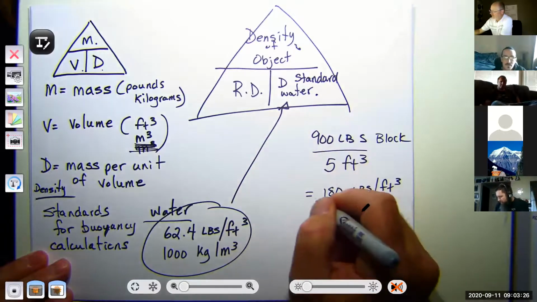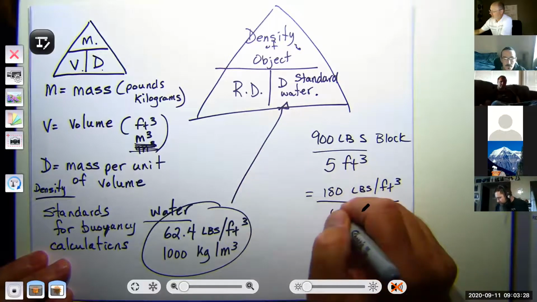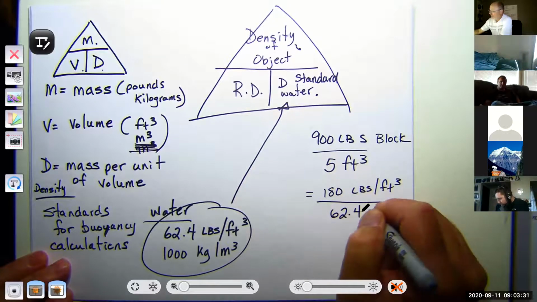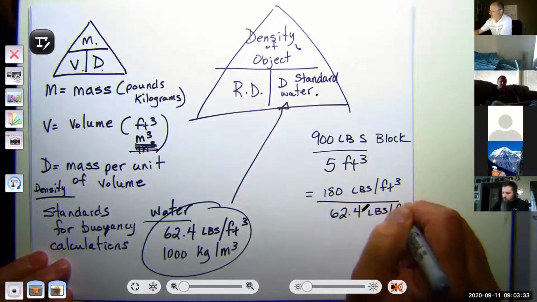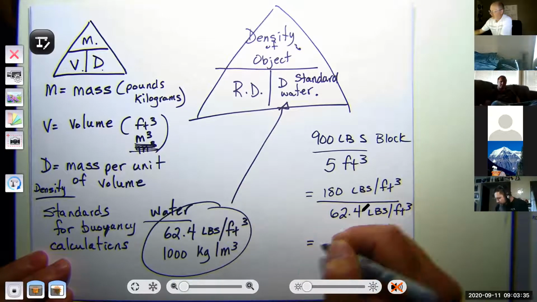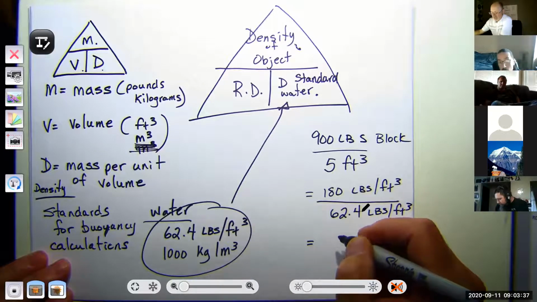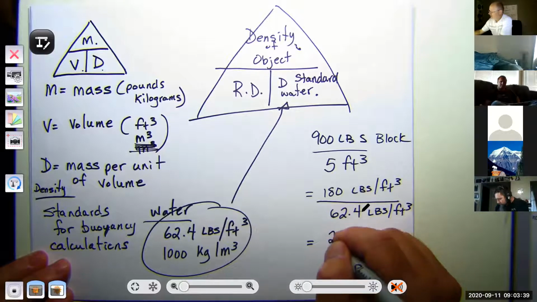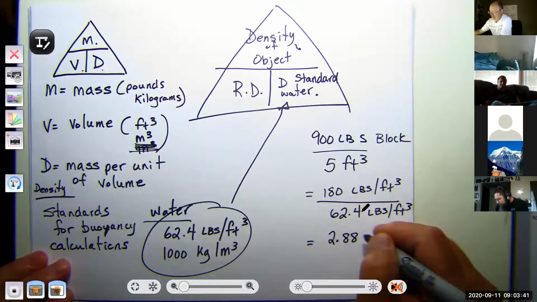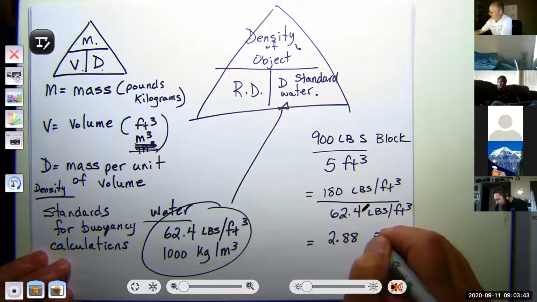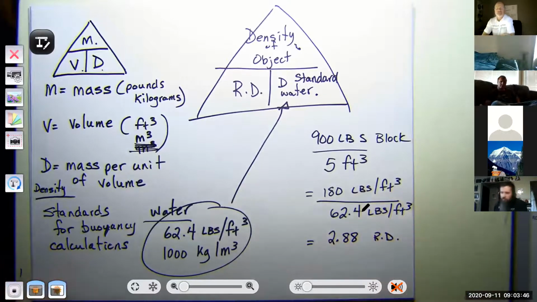So we will divide that by 62.4 pounds per cubic foot, and that will give us the relative density of that object, which happens to be 2.88 is the RD. And what that means is that it is 2.88 times heavier than water, fresh water, I should say.